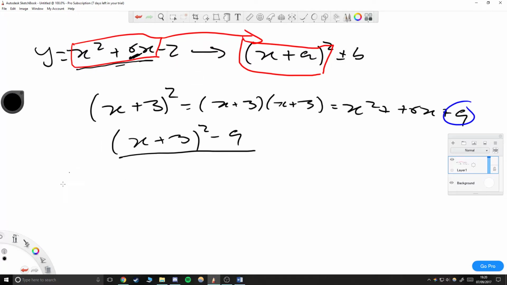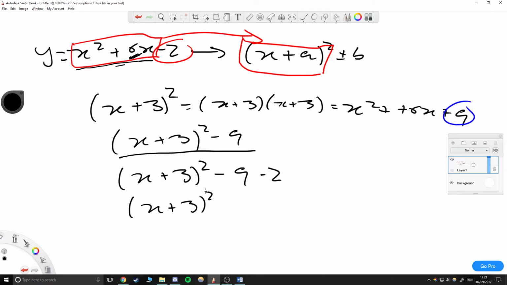But we've left out this minus 2 here, which still needs to be dealt with. So we write it all out again: minus 9, minus 2. Now this here is equal to our original equation. So if we simplify it down a bit, we've now found the completed square form of this initial quadratic equation.